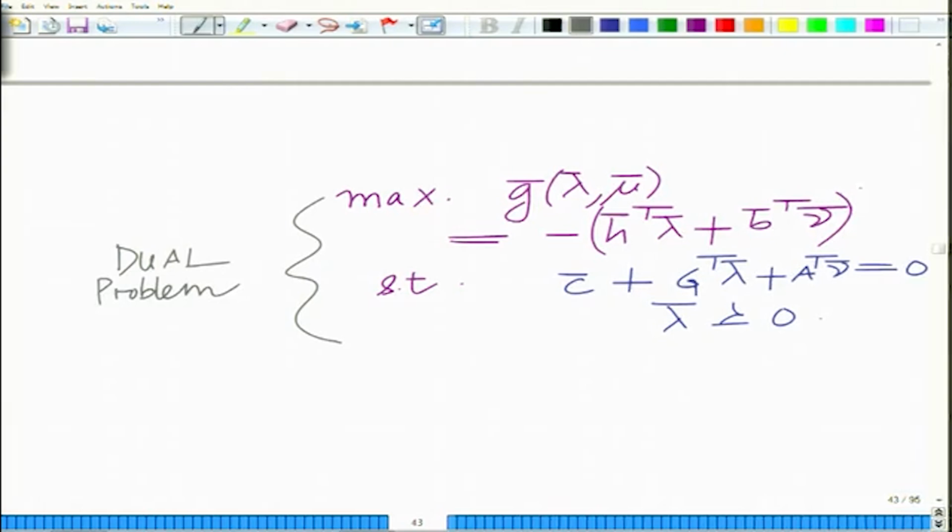And you can see this is concave, because it is a linear function, linear in lambda bar, nu bar, so it is both convex and concave.